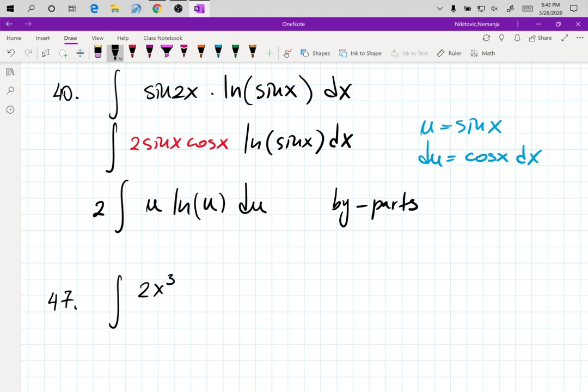2x cubed plus x squared minus 2x minus 4 divided by x squared minus x minus 2 dx. Oh, you better know what to do with this one, because you knew what to do with it 2 days ago.